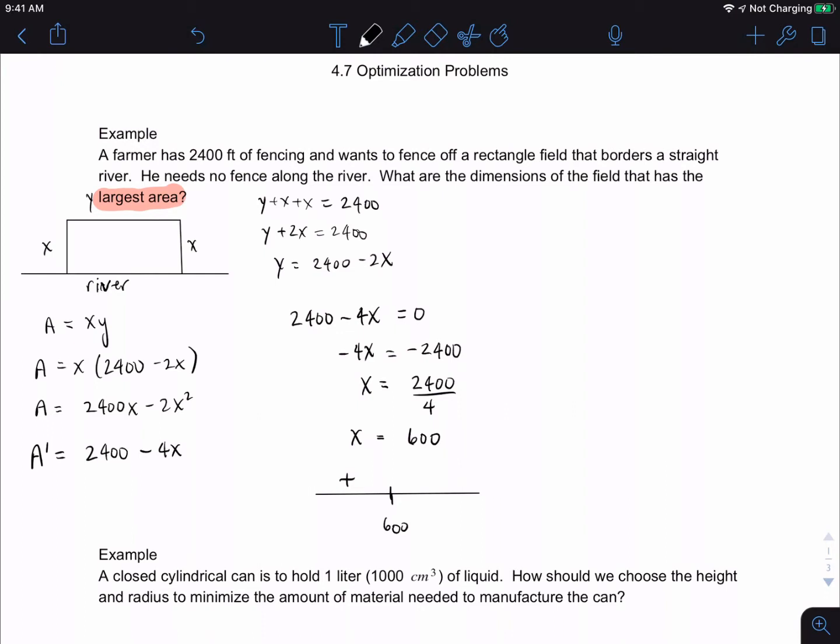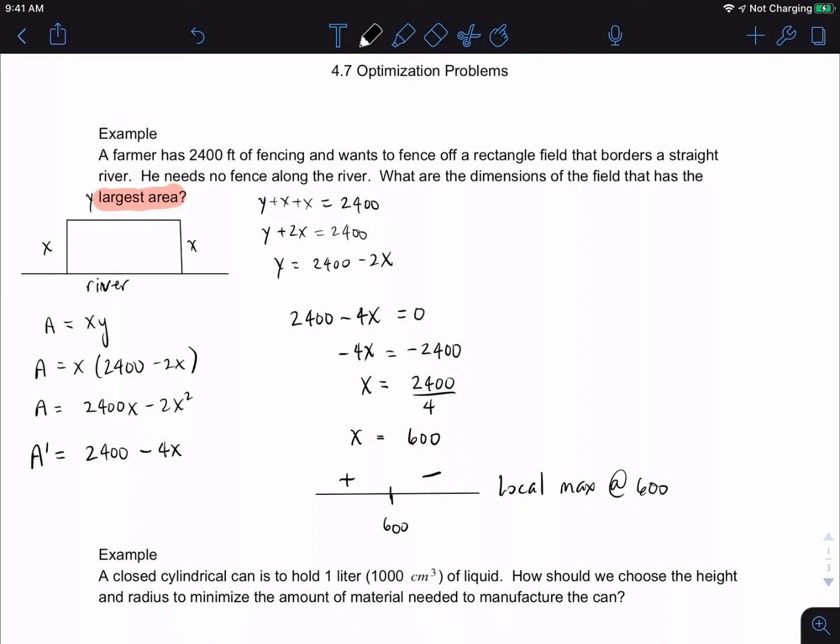And then if I plug in a number bigger than 600, let's say 700, that's going to give me a negative. So what I see is that this is a local maximum at 600.